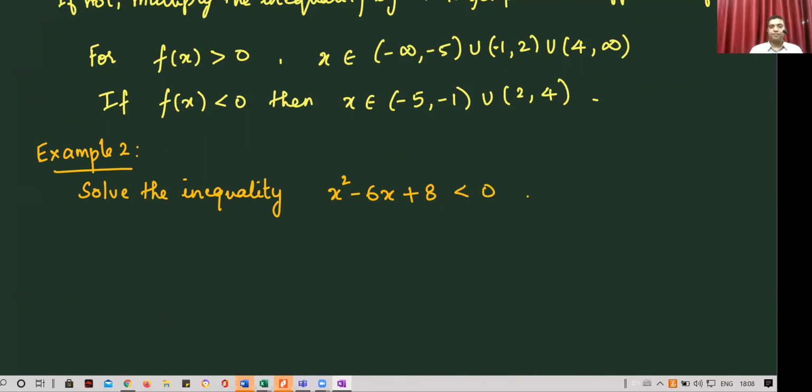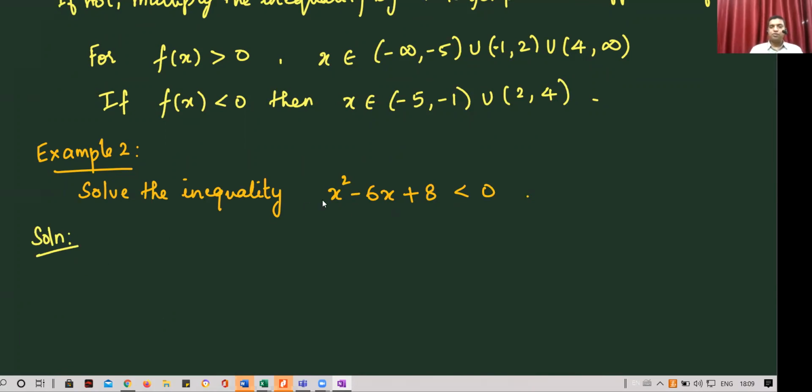Very simple one. There's a quadratic. I started with a very complicated problem, the previous example. Now I am coming to a very simple one.